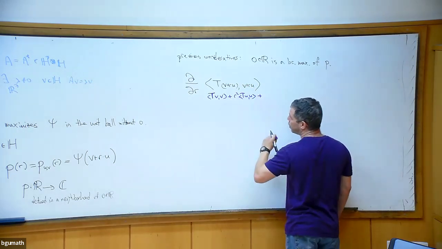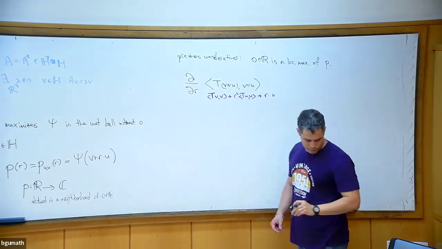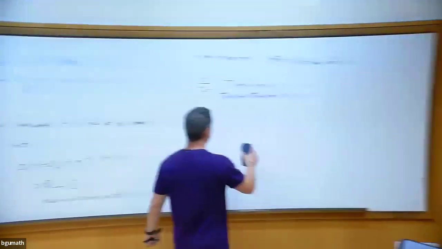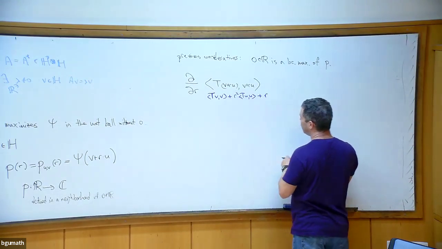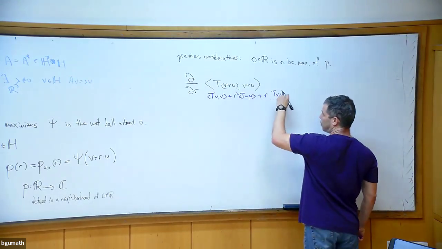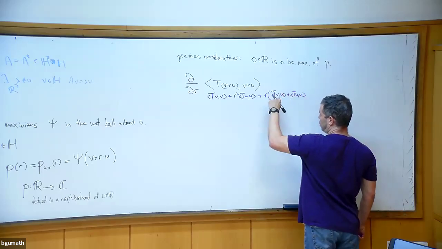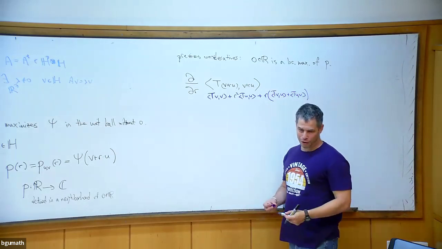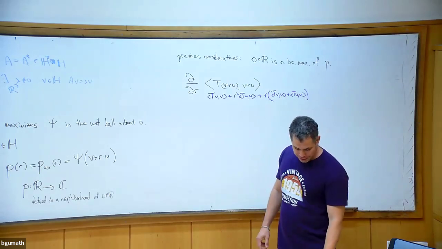And then I also have R times T of V, U plus T of U, V. So it's just a degree 2 polynomial in R, so it's very easy to take derivatives.